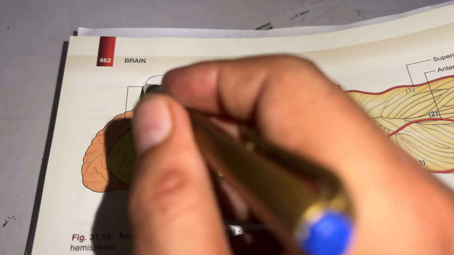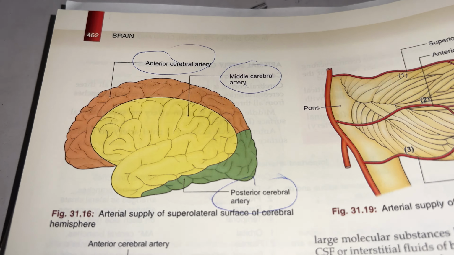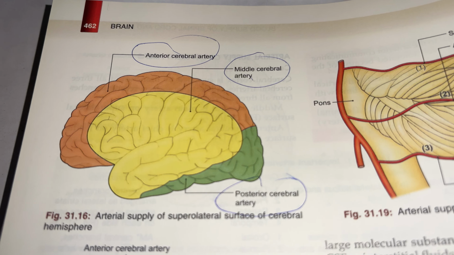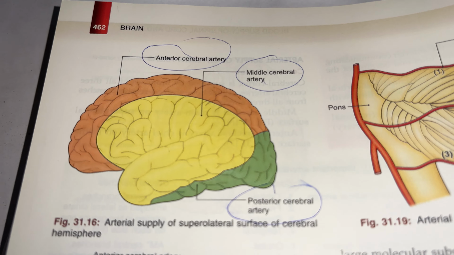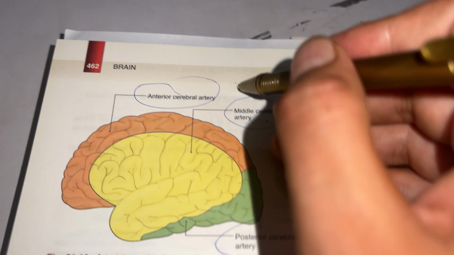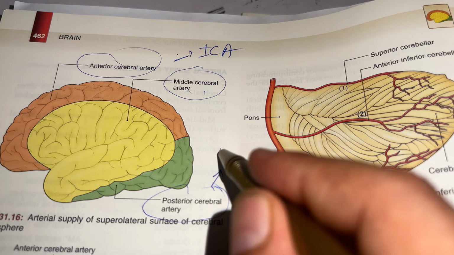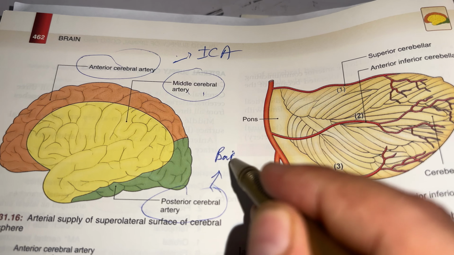These are the three main arterial branches which supply the brain. The anterior and middle cerebral arteries come from the internal carotid artery, while the posterior cerebral artery comes from the basilar artery.